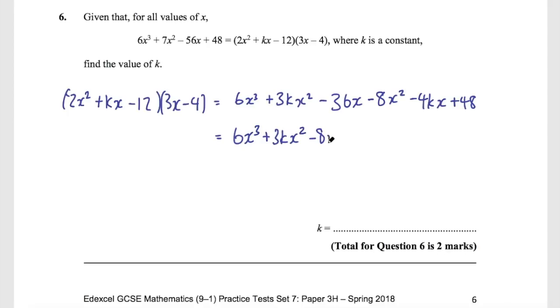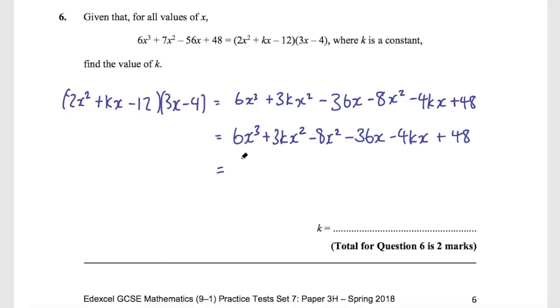So 3kx squared minus 8x squared. And then this 36x and this 4kx, they're kind of like terms as well, but again we can't subtract them because this one has a k in it, so I'll just write them next to each other. So this is 36x minus 4kx, and then all we've got left there at the end is a plus 48.